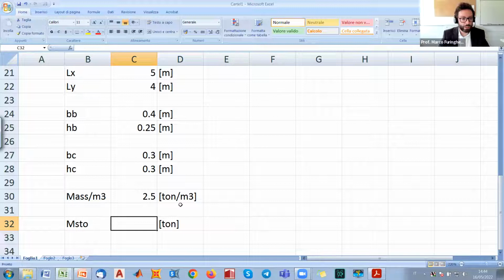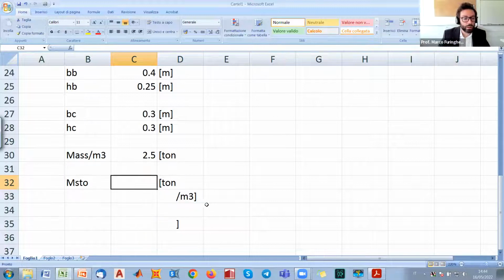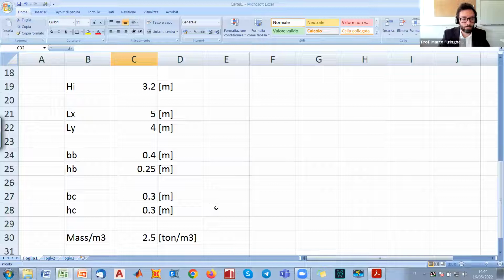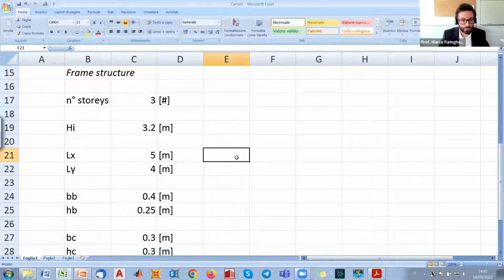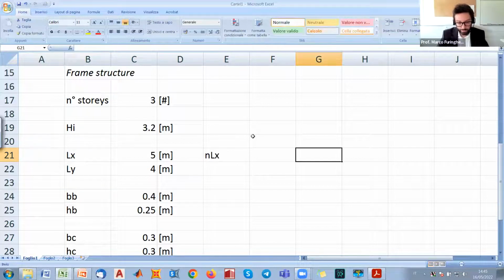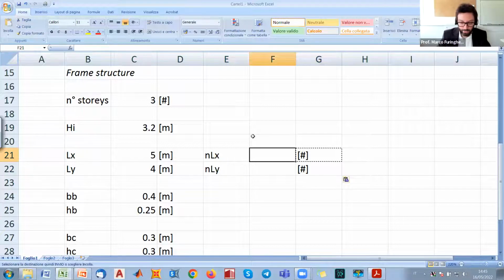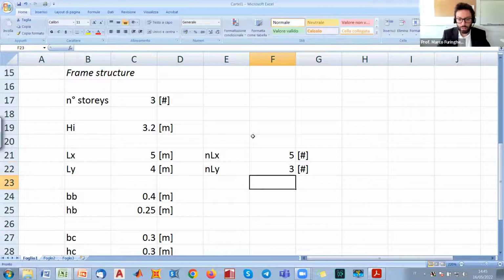We have to consider all the beams that we have along the x and y directions. We don't have the number of beams, so we can just set Lx as a number, and the same for Ly. We have 5 spans along the x and 3 spans along the y.